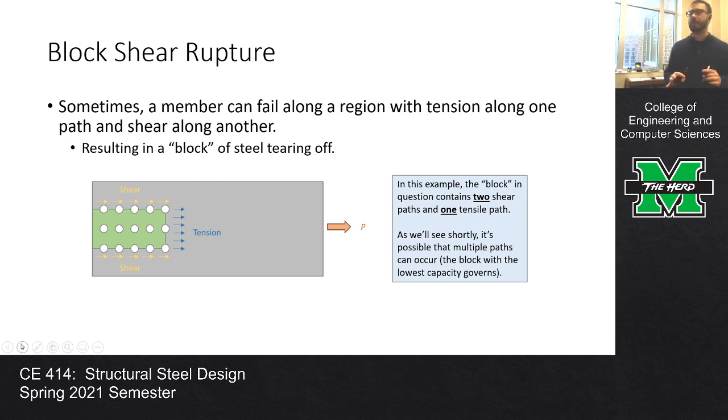Sometimes we have multiple different regions or multiple different blocks that can occur, and the block with the lowest capacity governs. I'll look at this member a little bit later and show you how there's probably another block that's more likely to fail. We'll look at that in a bit.